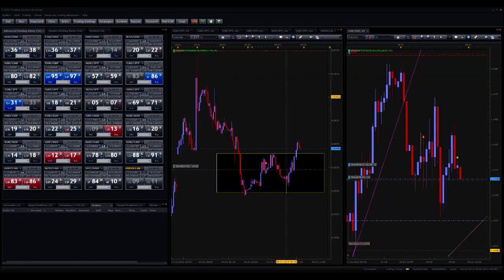Pardon me if I sound tired, but for the last 2 days I have been analyzing, and I have analyzed 21 currency pairs, except the Swiss pairs.